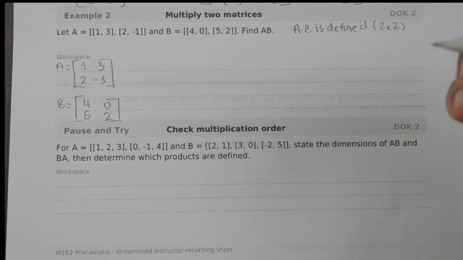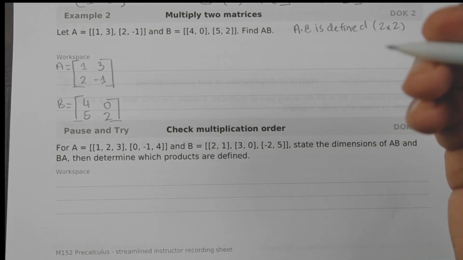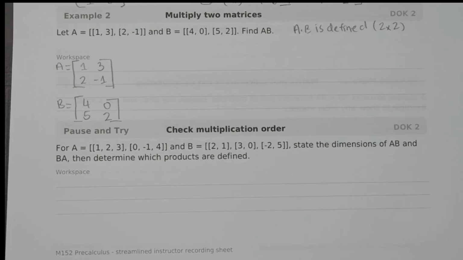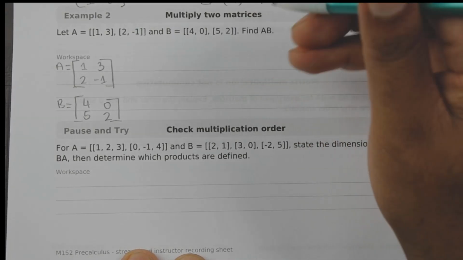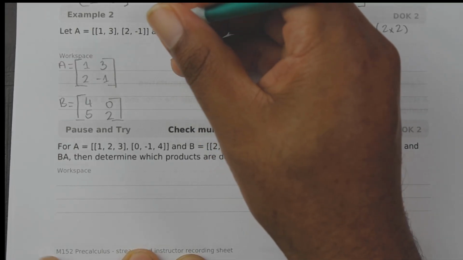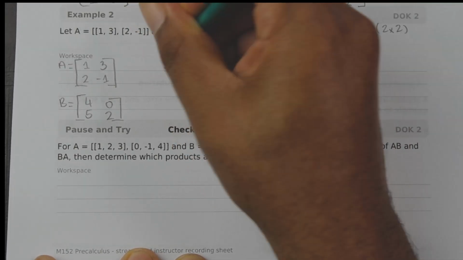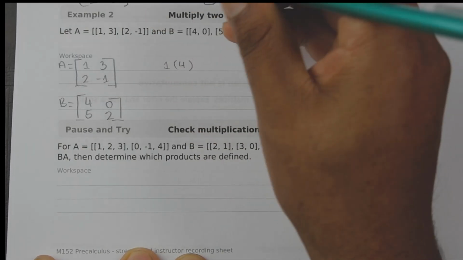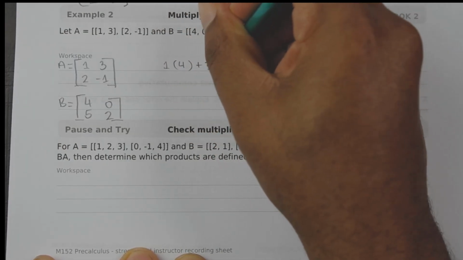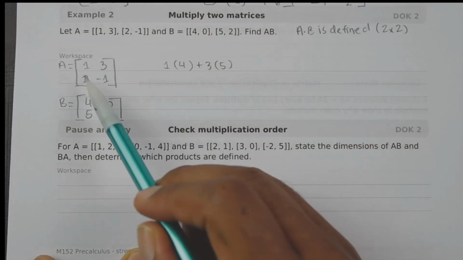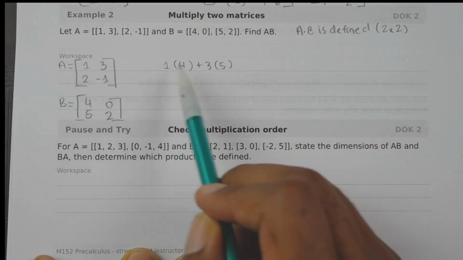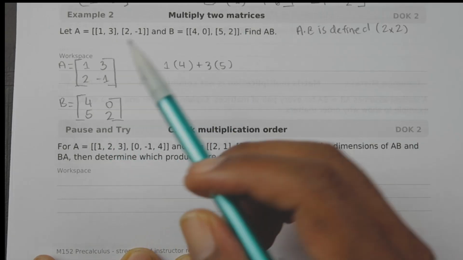So in order to do this for the upper left entry, we would simply multiply row 1 of A by column 1 of B. The way this would look is we'd have 1 times 4 plus 3 times 5. Again, the row 1, 3 by the column 4, 5.